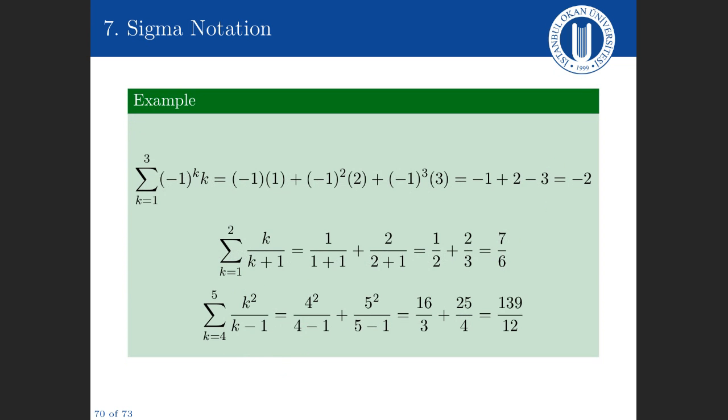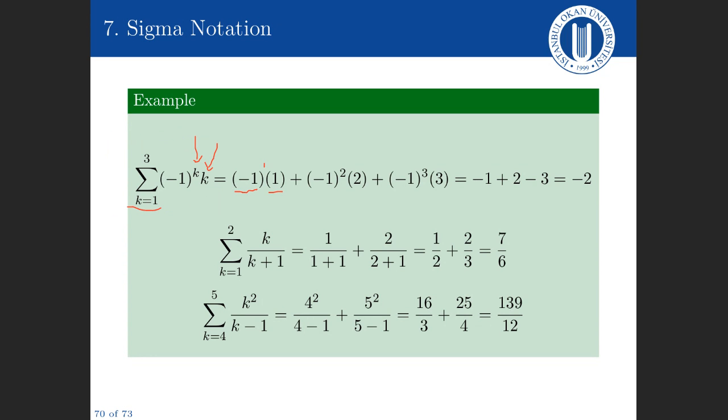Some more examples. The sum from k equal to 1 to 3 of minus 1 to the power k multiplied by k. We start at k equal to 1, so we start by putting 1 instead of k. That's minus 1 to the power 1, and then 1.